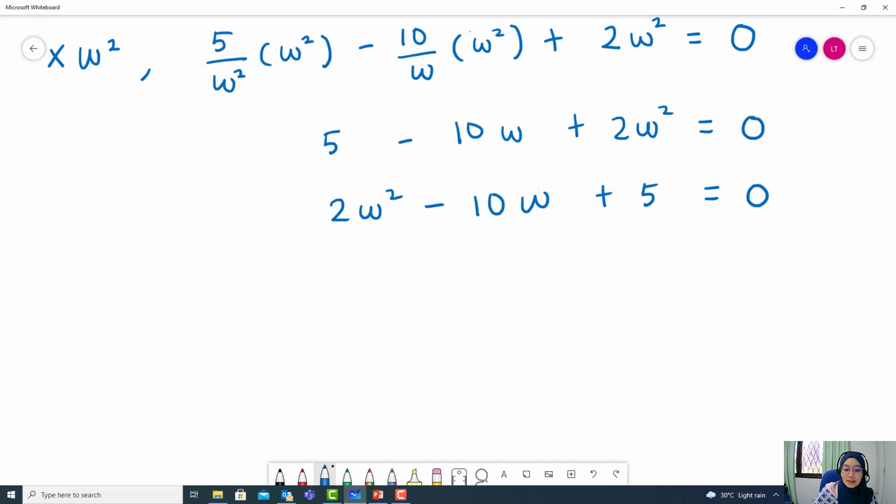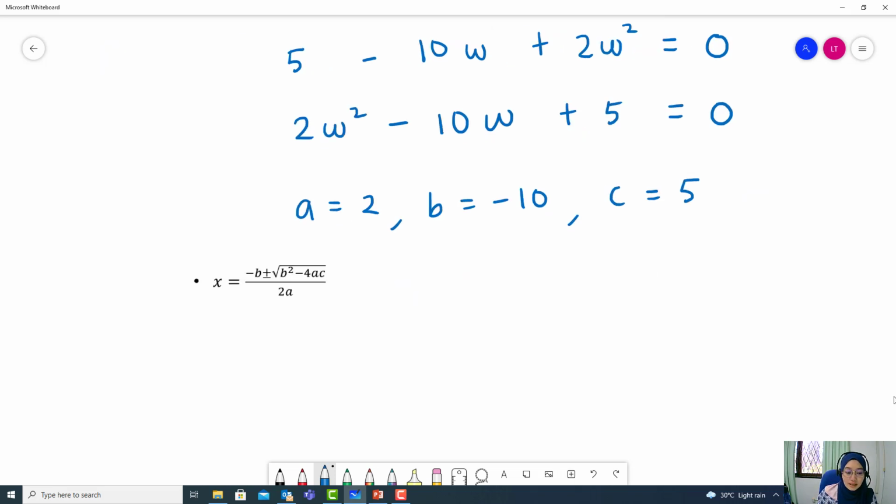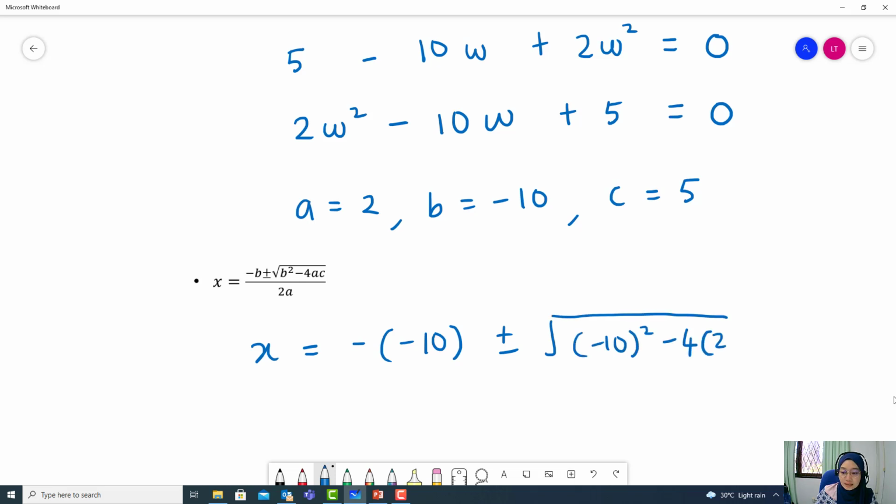Next step, find a, b, c. Your a will be 2, b equals negative 10, and c equals 5. And substitute all the values into the quadratic formula. Therefore, x equals negative b, negative in brackets negative 10, plus minus the square root of negative 10 squared minus 4ac, divided by 2a, 2 times 2.